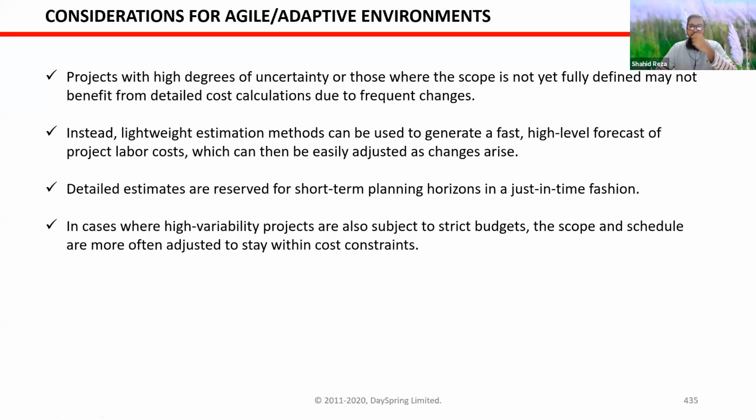In agile and adaptive environments, projects with a high degree of uncertainty, or complex projects, we will do using agile methods. In agile methods, we try to fix the time and cost, and we take changes.